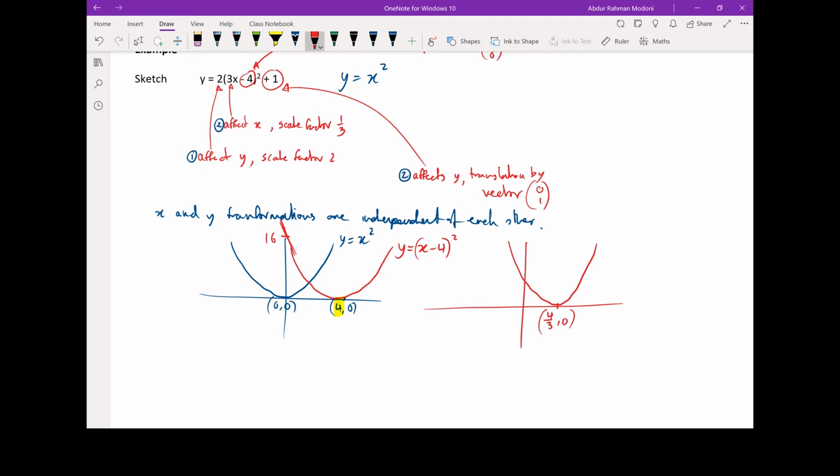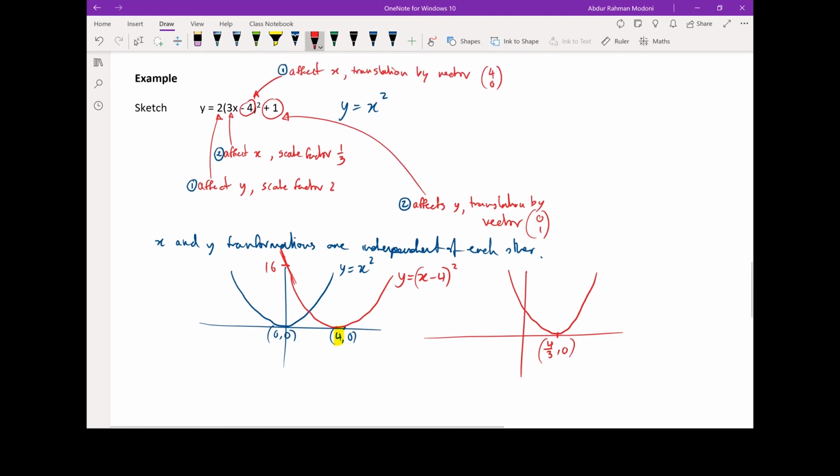The second one is both of the x transformations applied. So let's write the equation of this. This would be y is equal to (3x minus 4) all squared. So here we've multiplied all the x values by a third. This is a y value of 16, so that does not get affected, so that stays where it is.